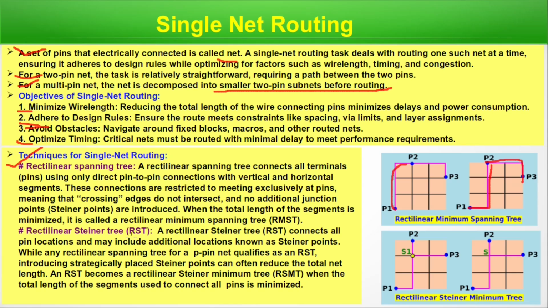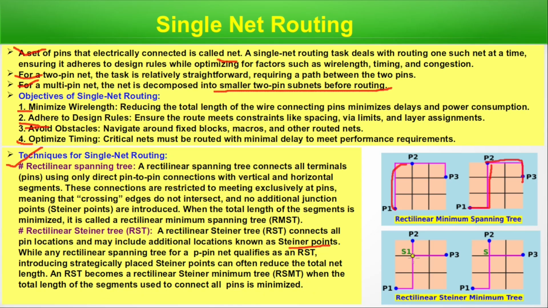And the rectilinear Steiner tree, that is RST, is a little bit different. A rectilinear Steiner tree connects all pin locations, and may include additional locations called Steiner points, this one. While any rectilinear spanning tree for a net qualifies as an RST, introducing strategically placed Steiner points can often reduce the total net length, and the RST becomes a rectilinear Steiner minimum tree, that is RSMT, when the total length of the segments used to connect all pins is minimized.